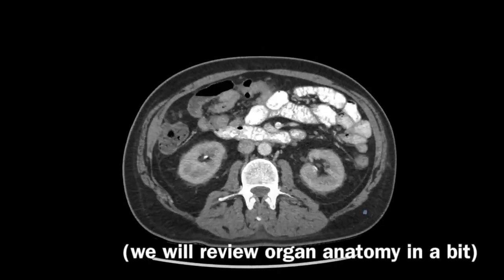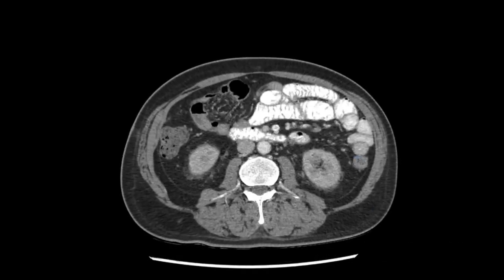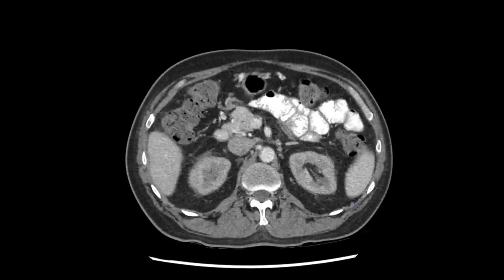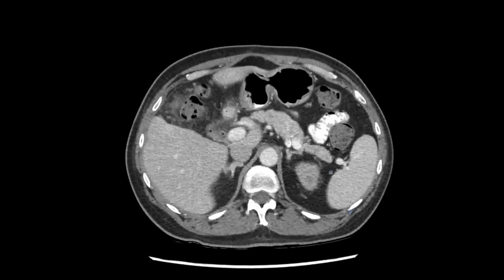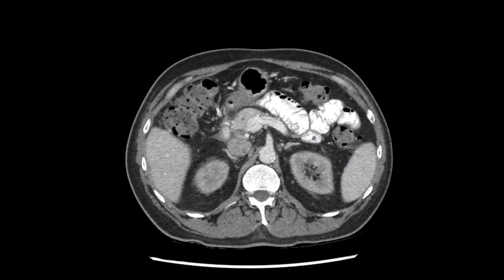Those are all retroperitoneal structures. See how they're anterior to the anterior perirenal fascia or Gerota's fascia. Again, this can be clinically relevant. For example, a case of pancreatitis may have inflammation tracking down the anterior Gerota's fascia.